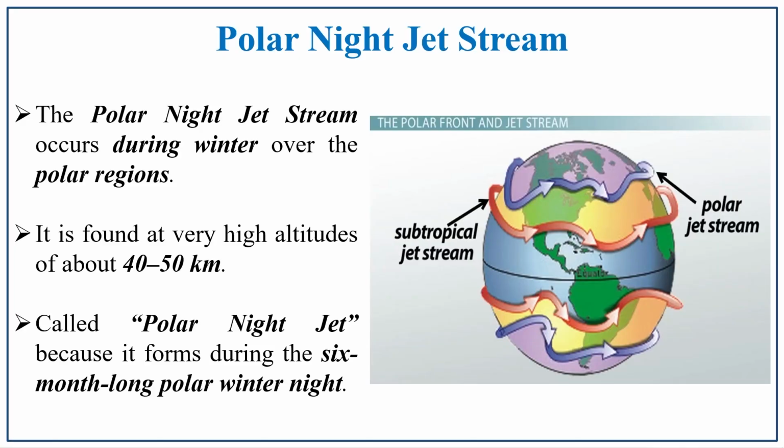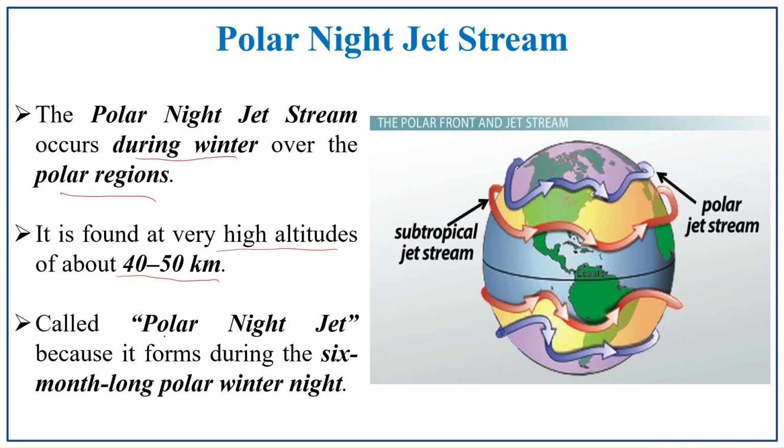The polar night jet stream. In the name itself you have the polar night. That is a jet stream during the winter season over the polar region. So in winter season, in the polar region, what happens? It's found at a very high altitude, about 40 to 50 kilometers. This type of jet stream prevails.